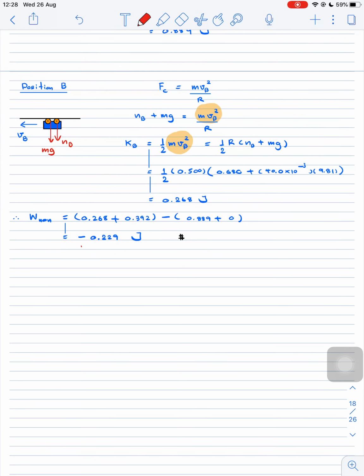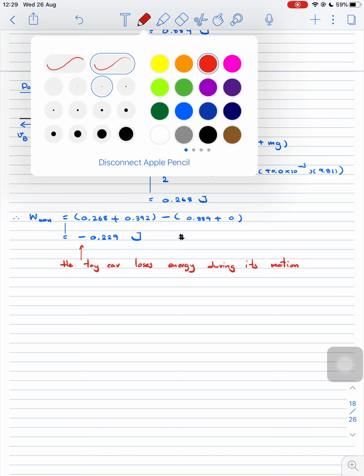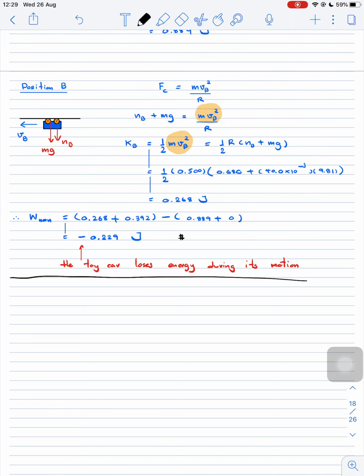This negative sign just means that the toy car will lose energy during its motion, and that's it.